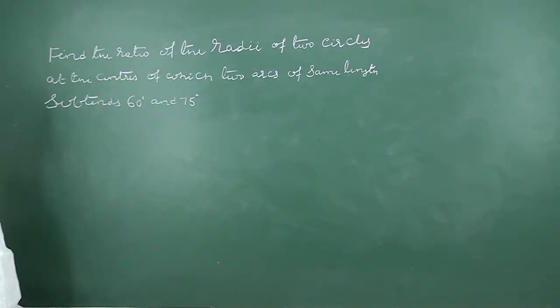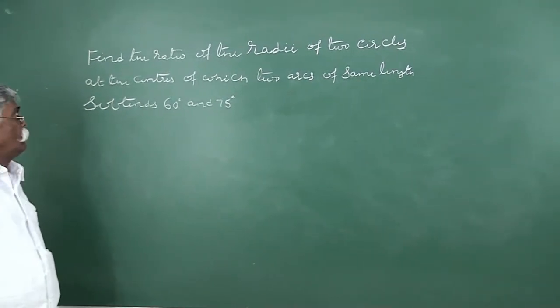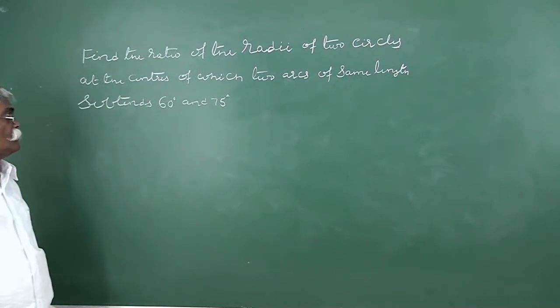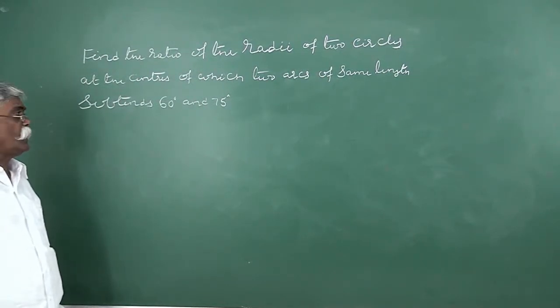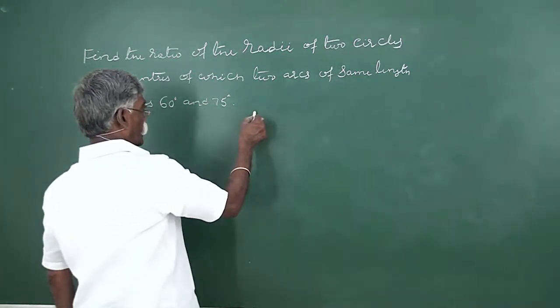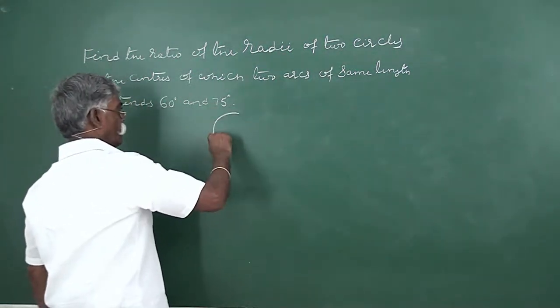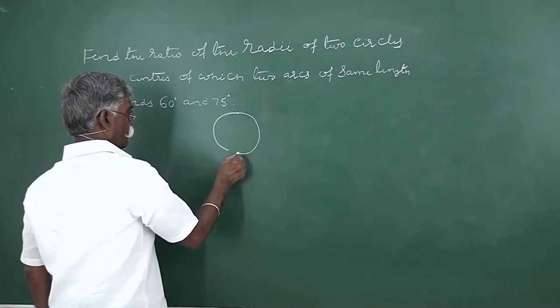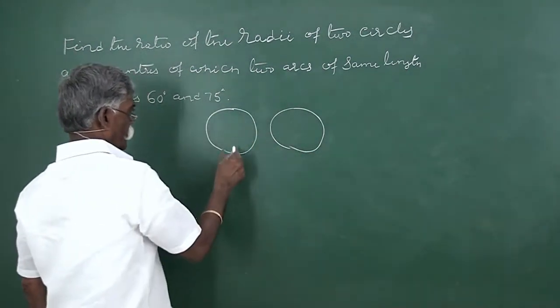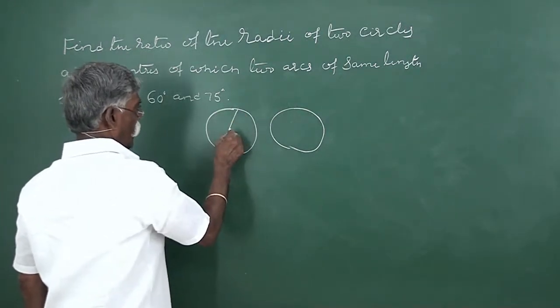Find the ratio of the radii of two circles at the centers of which two arcs of the same length subtend 60 degrees and 75 degrees. So basically there are two circles. This is one circle we will take. The other circle is like this. And two arcs of same length.